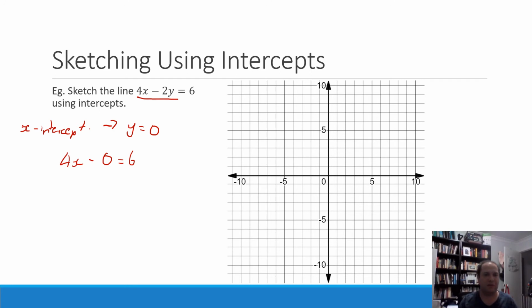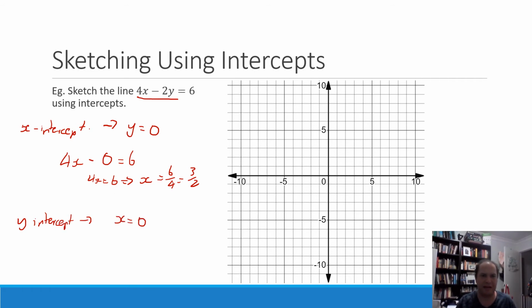So we've gotten to this point, 4x equals 6, then rearranging x equals 6 over 4, which is 3 on 2 or 1.5. So going to our graph, 1.5 will be roughly there. And then we need to find our y-intercept, which will be when x equals 0.